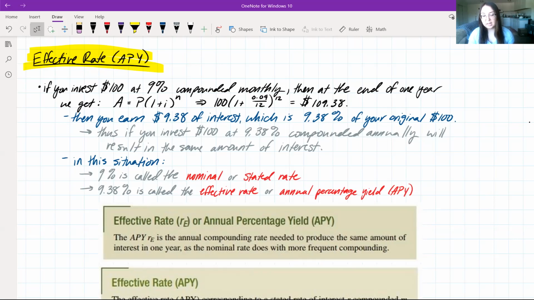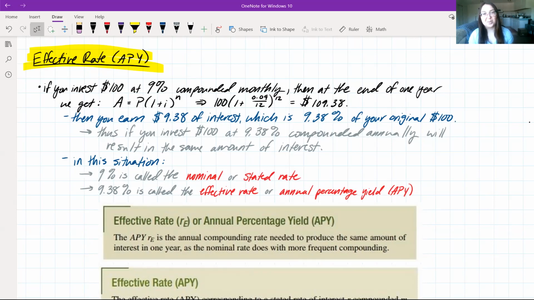So this is just thinking about if we compound annually, monthly, semi-annually, some sort of compound interest rate. If we take that compound interest rate, find how much interest we earned, and calculate that into a new percentage, then if we take that new percentage and use a simple interest rate, we would end up with the same percentage.